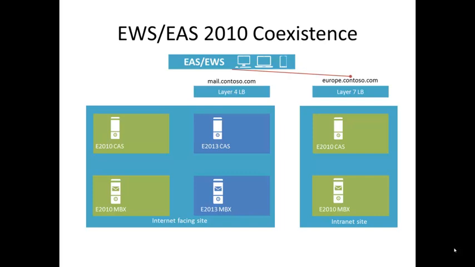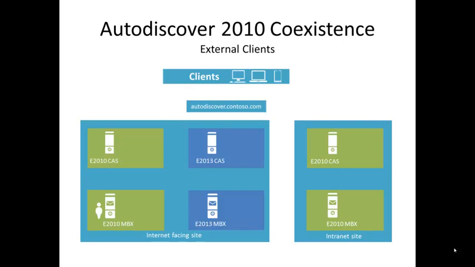And here again, since the europe.contoso.com will be configured on the virtual directories, we will access this FQDN directly without the mail.contoso.com. And if we don't configure it, then we will use the mail.contoso.com and the request will be proxied directly to the Exchange 2010 client access server.